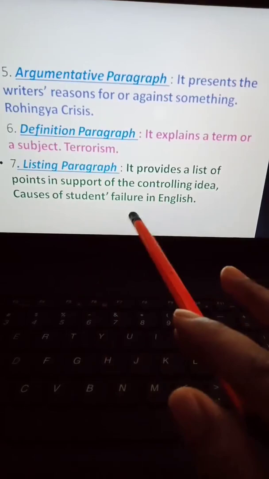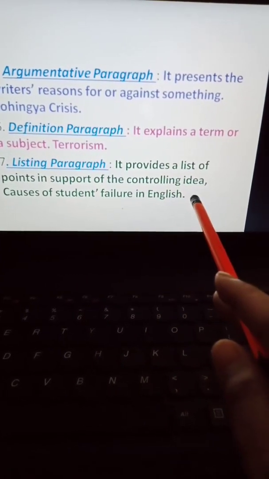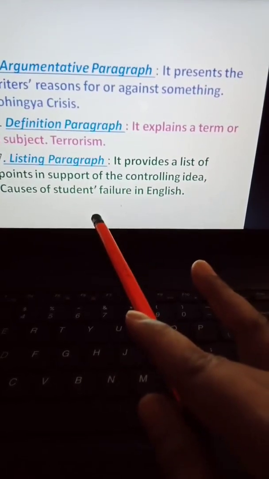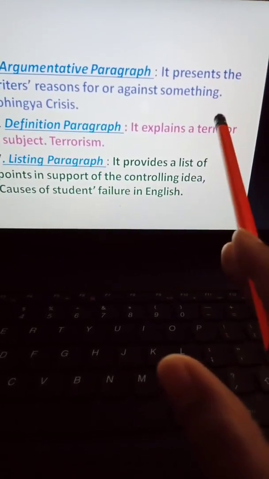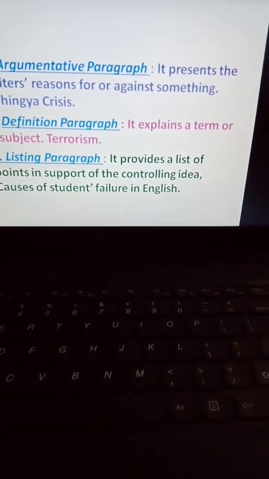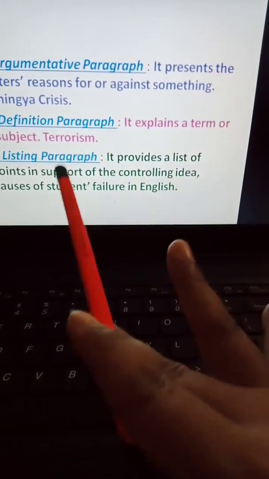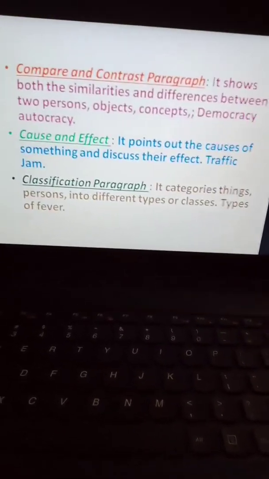Okay, and listing paragraph, it provides a list of points in support of the controlling idea. For example, causes of students' failure in English. So here you should provide different causes with a list, different causes of students' failure in English. Okay.